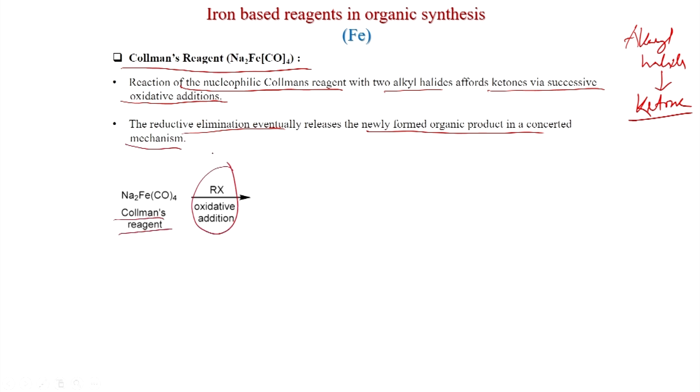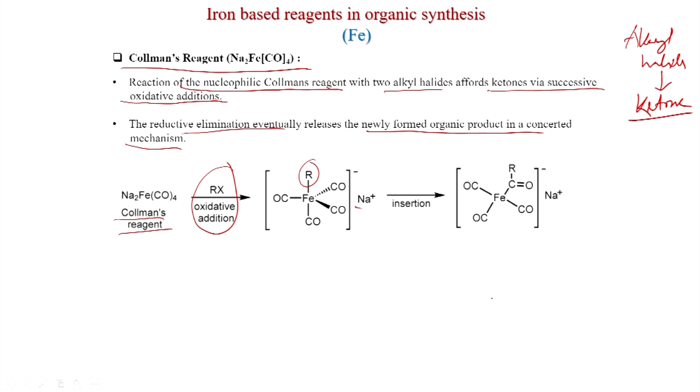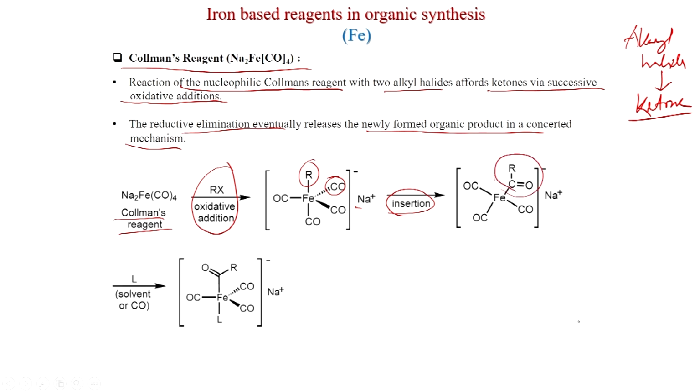Now, R-X comes, oxidative addition happens and you get this pentacoordinated iron, one R is here and sodium plus is outside. Now, the insertion will happen. One carbon monoxide inserts into this iron-R bond. So, this is formed carbonyl, and now a ligand, which can be solvent or carbon monoxide, again reacts with iron.